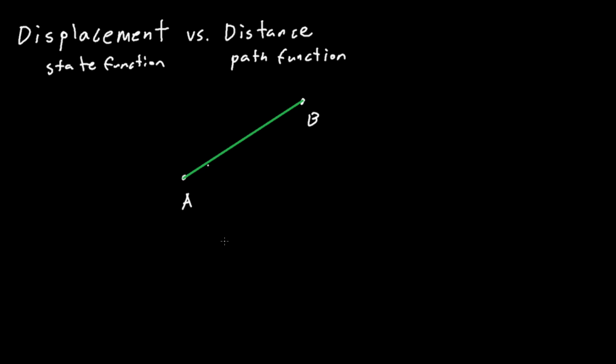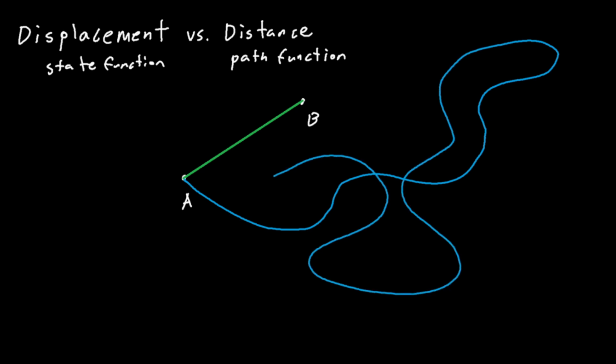Displacement is just this green line here, just from point A to point B, the shortest length that you traveled. But distance takes into account the path. So you could go all the way around, you can go running around, and then when you go back to B, you measure the length of this entire blue path. Hence the name path function.